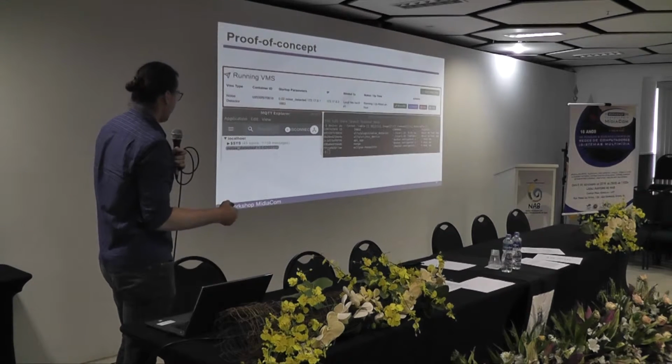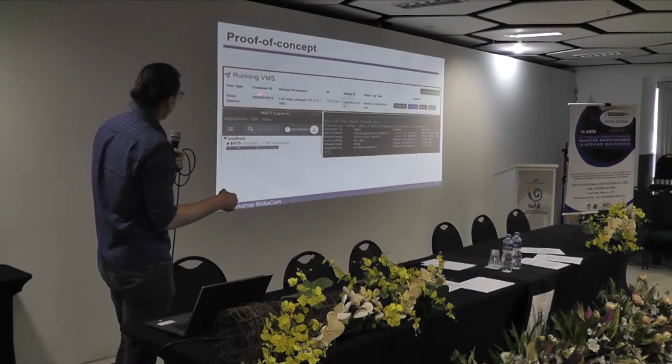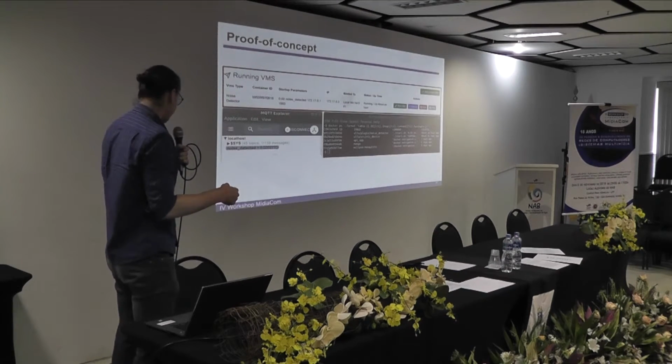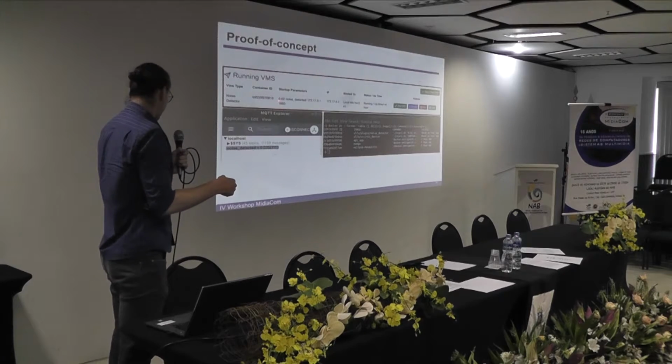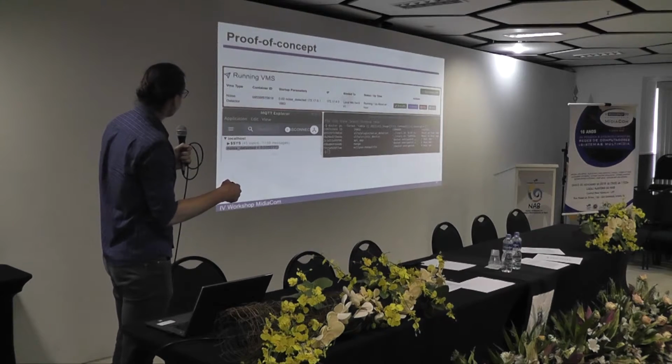And here we have the VMS running. We have a noise, the name of our VMS. Here we have the parameters we use to start the application, and this VMS is bound to this source.